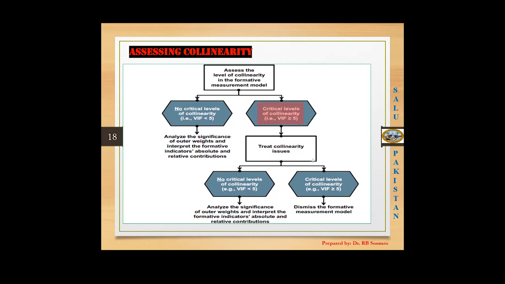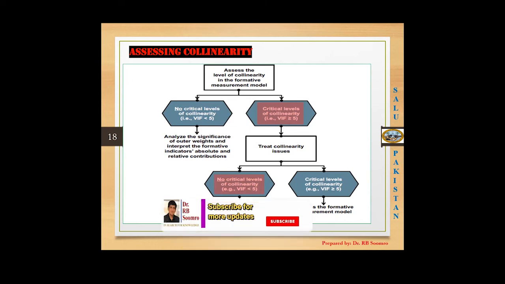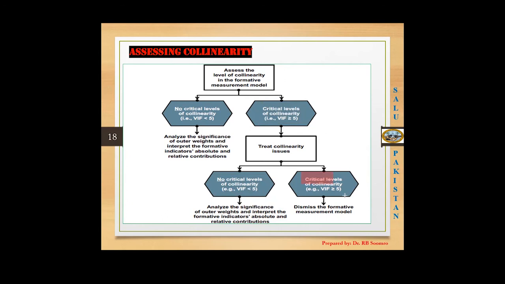Now, two solutions are there. One solution: if there is no critical level of collinearity and VIF is less than 5, then we should analyze the significance of the outer weights and interpret them, and the formative indicators also. No problem is there. But if the critical value is higher than 5, the only solution is to delete that indicator, because there is a high correlation between this indicator and another indicator.